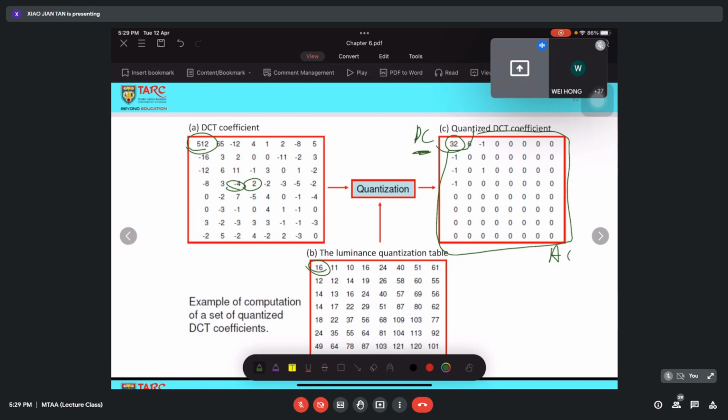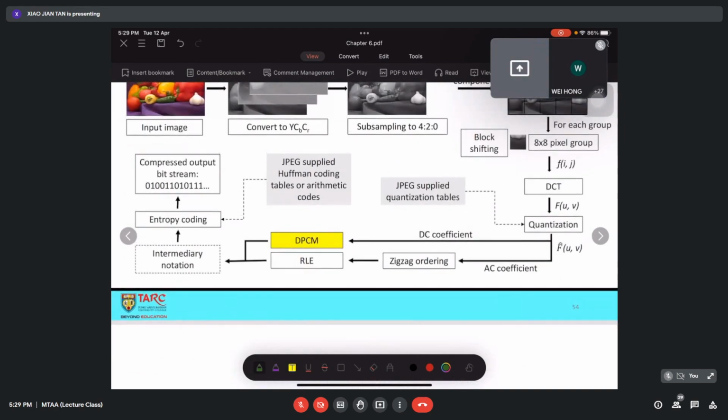You have different processing for the DC value and for the AC values. The DC value is subject to DPCM, and the AC value is subjected to zigzag ordering and also RLE.